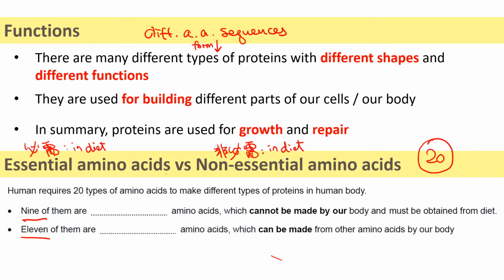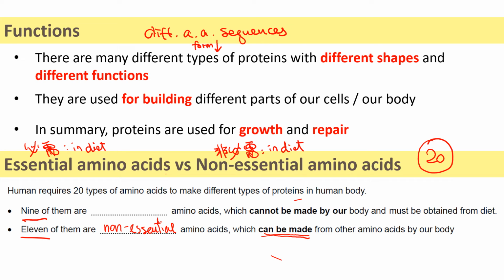Some of these 20 amino acids, they can be made by ourselves. And be made by our body. So imagine if our diet don't have these amino acids, it's fine, right? Because we can make them. We call these non-essential amino acids. It's just that they are non-essential from the diet.